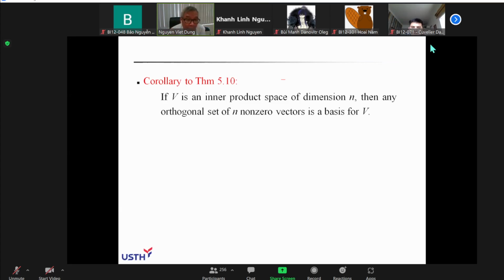Suppose that V is an inner product space, and we know already that the dimension of V is n. Then any orthogonal set of n non-zero vectors is always a basis for V. Why is that? Because an orthogonal set of non-zero vectors is always linearly independent, and because the number of vectors is n, exactly the dimension of the vector space, it is a basis.